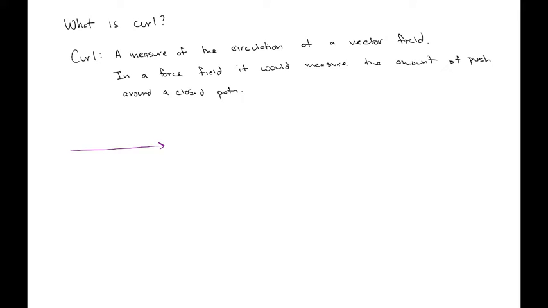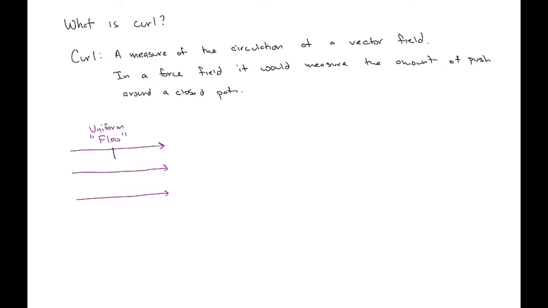Okay, so the question looks a little bit like this. If I draw a vector field here in purple, this one is a uniform field, so we're going to call it a flow, and it's okay to think of it, if we're just trying to think conceptually, as a flow of air or maybe a flow of water. And we're going to put a little paddle wheel in this flow.